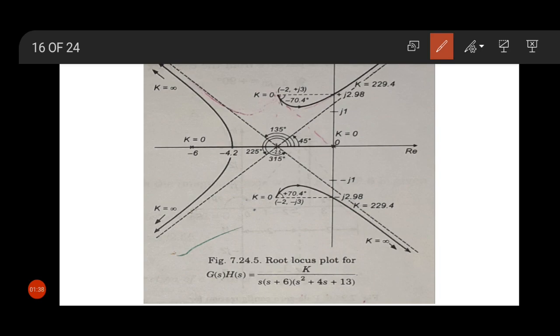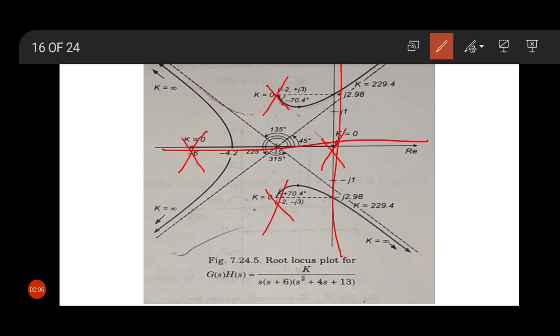So this is our real axis and this is our imaginary axis. Our system has 4 poles. One pole is s equal to 0, another pole is s equal to minus 6, another pole is minus 2 plus j3, and another one is minus 2 minus j3. There are 4 poles.